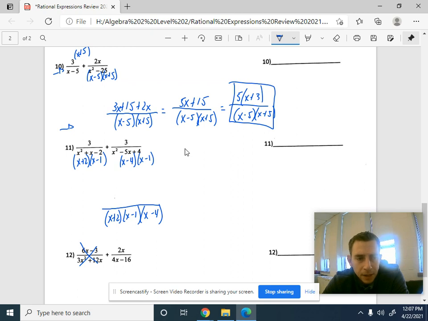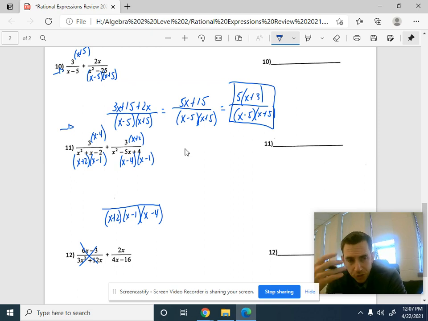Well, compare denominators and figure out what you have to multiply this first numerator by. And it's x minus 4. Figure out what we have to multiply this numerator by. All right. If you said x plus 2, you're right.